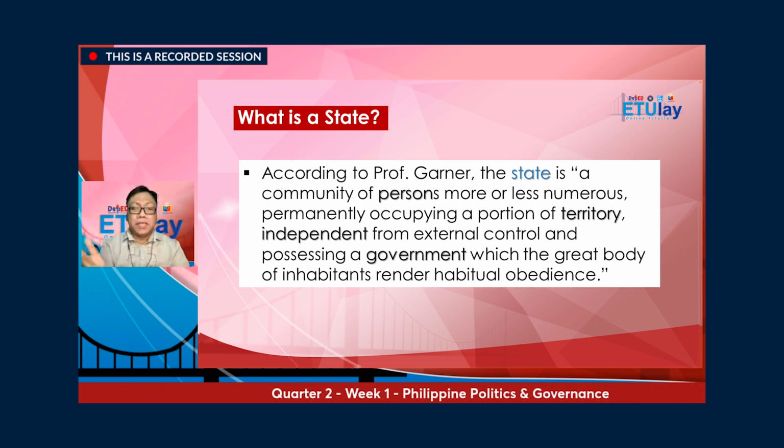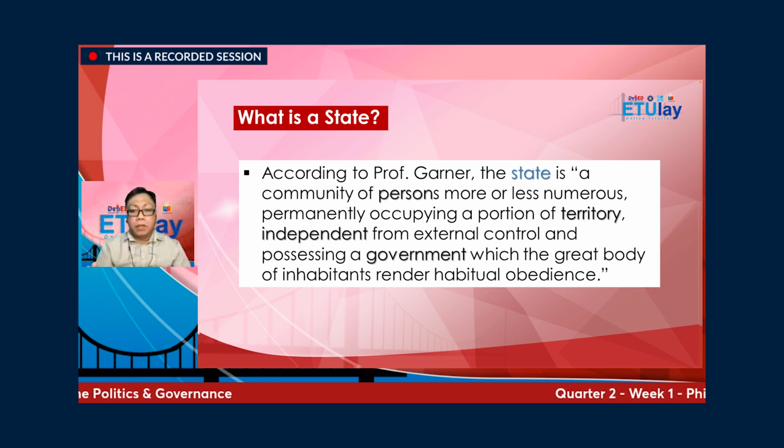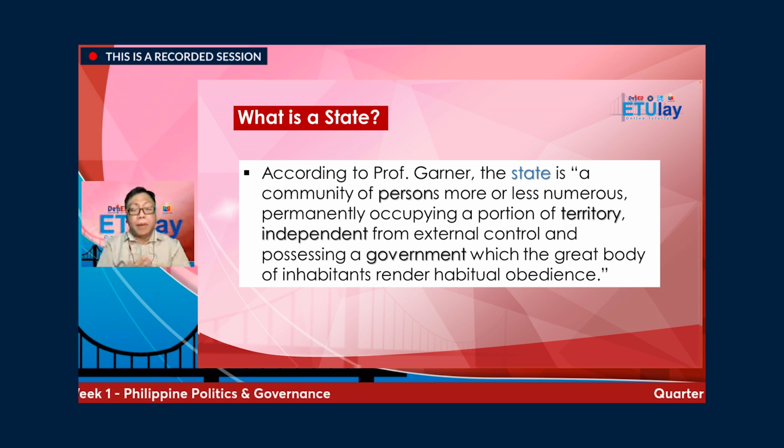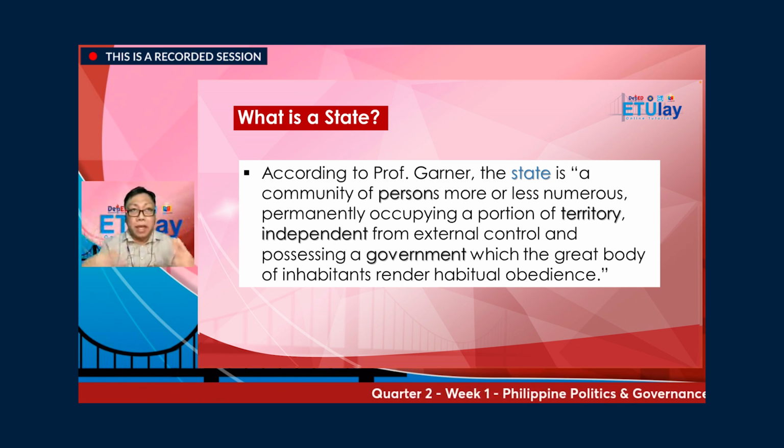So the meaning of this is that the state is a structure, a community of people that has territory independent from any external forces or authority. And of course, there is a government that is sovereign, and there are inhabitants that render obedience to that particular order within the government. So that means a state. So an example of a state is the Philippines. Okay, the Philippines is a state. The United States of America is a country which has many states.